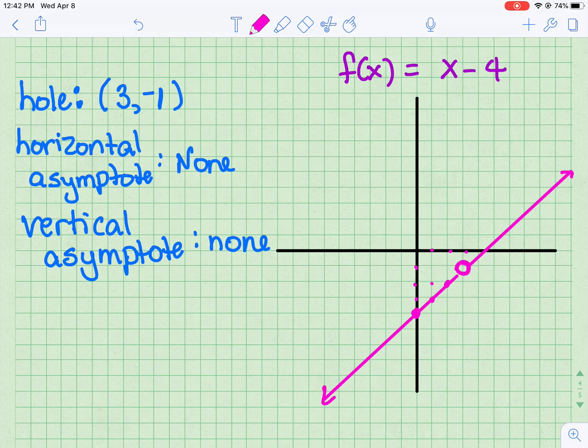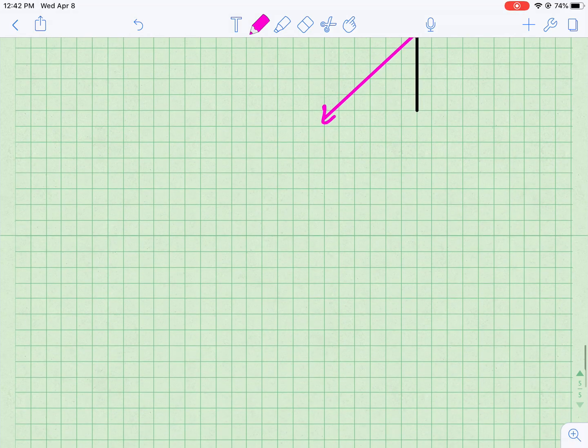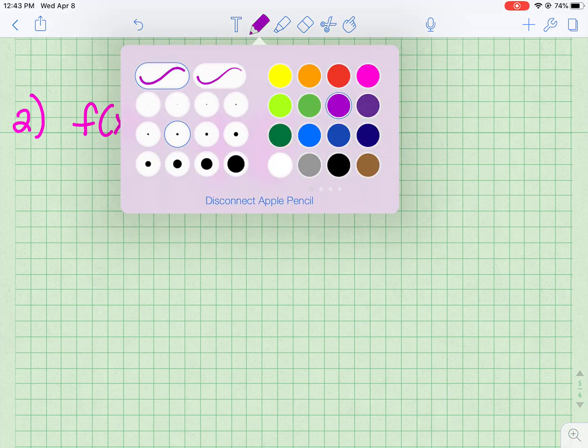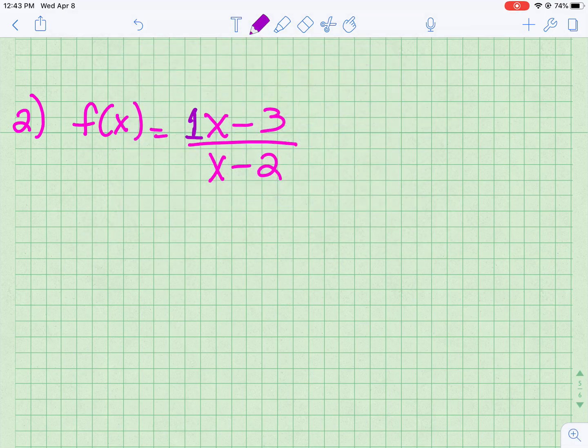Okay, so for the horizontal asymptote for number 2, you're right, they're both a degree of 1. If I go back to that second scenario, if the degree of the numerator and the denominator are the same, you take the lead coefficients. The lead coefficient of the numerator is 1, and the lead coefficient of the denominator is 1.